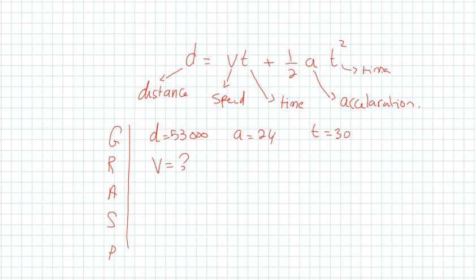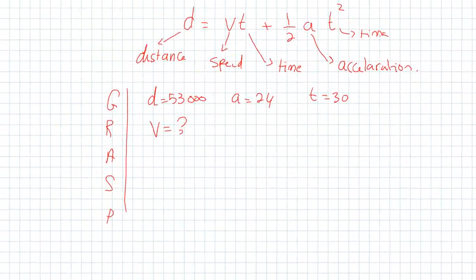The formula that I'm gonna use is the one that they gave me. So I'm gonna write it down in the analysis. D equals VT plus 1/2 AT squared. Now all I have to do is plug in my numbers. So instead of D, what do I replace D with? 53,000. Do I know what V is?